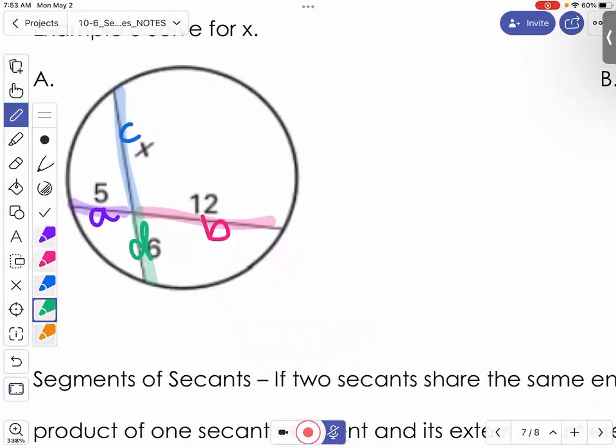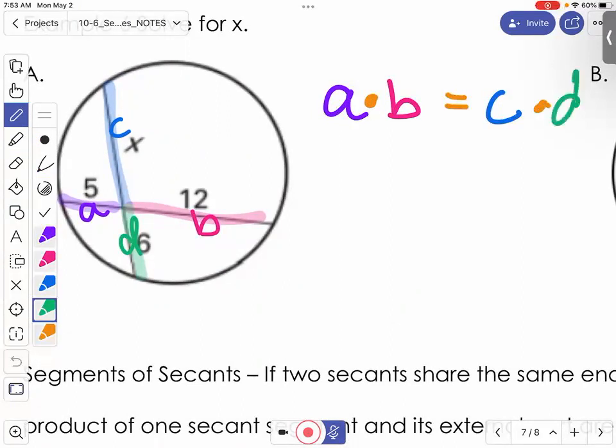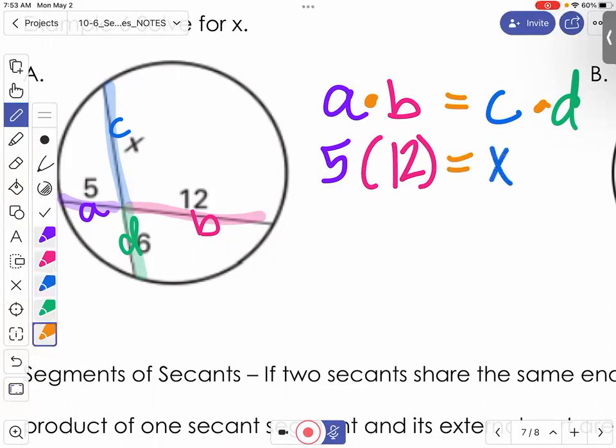So the rule says with the formula, A times B has to equal C times D. So let's plug in our pieces. My A is a 5, my B is a 12, and it's got to equal C, which is X, times D, which is 6.